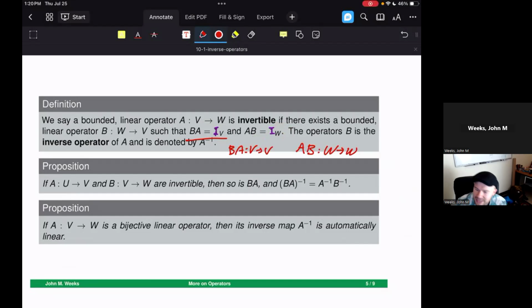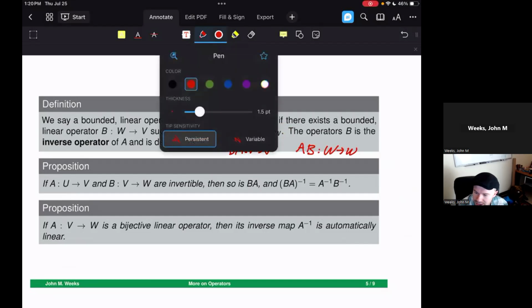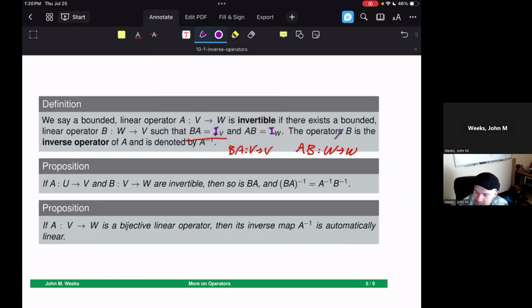The operator B is the inverse operator of A and is denoted by A inverse.